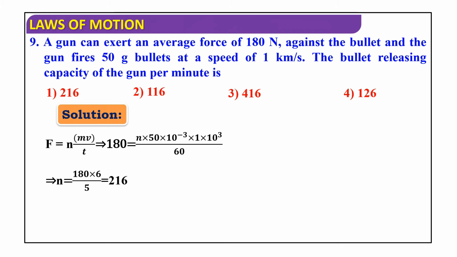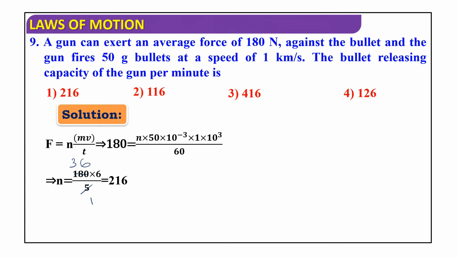So N = 180 into 6 by 5. Here we can cancel the zeros, and 10 to the power of minus 3 and 10 cubed get cancelled. So N = 180 into 6 by 5. Taking cancellation, 5 ones are 5, 5 threes are 15, 5 sixes are 30.